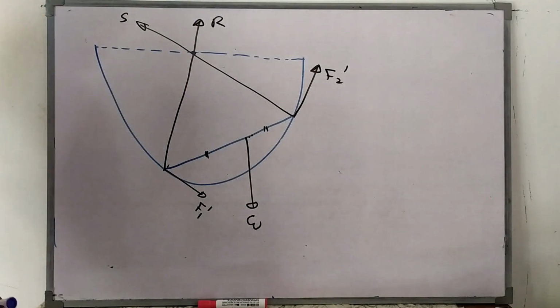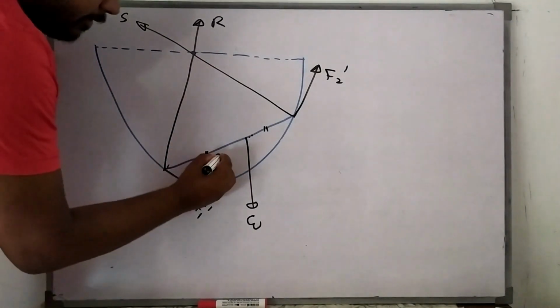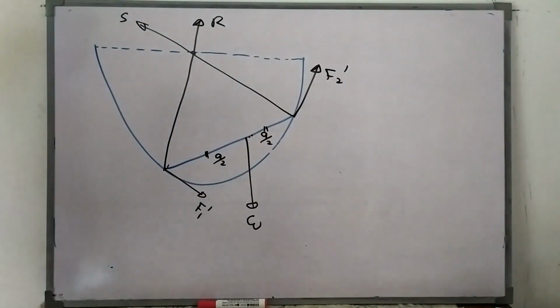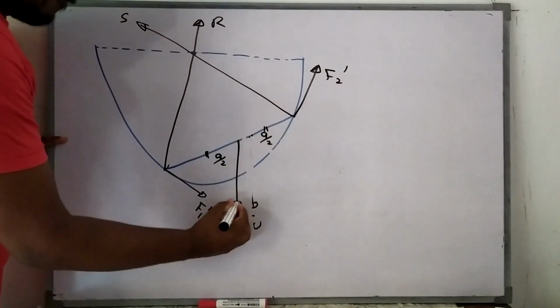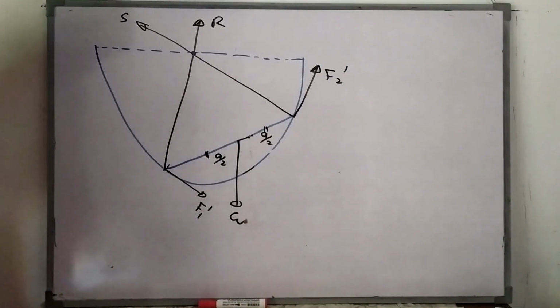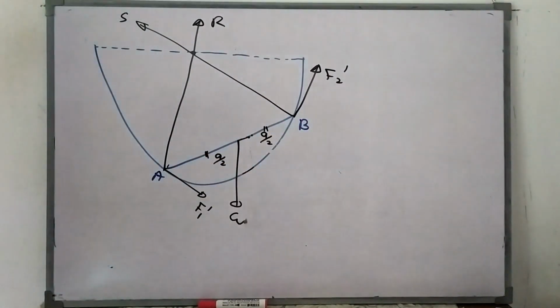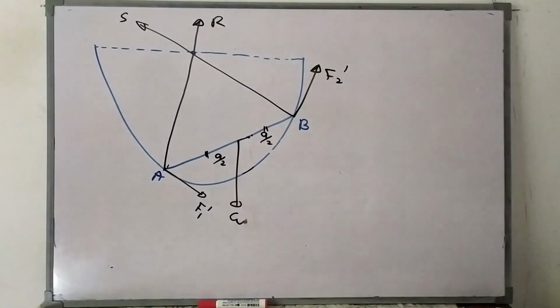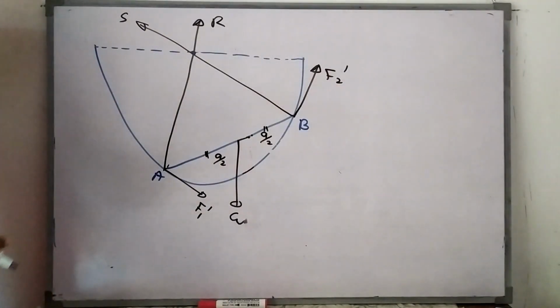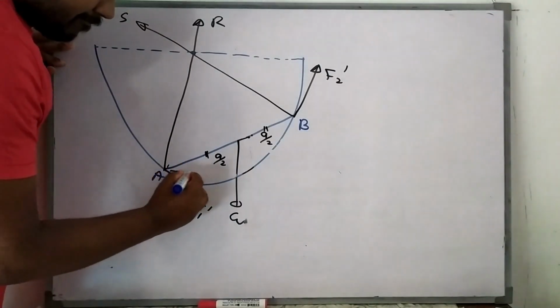The resultant of the friction and the reaction are concurrent at a particular point on the vertical line of W. So I assume W is here, at the middle of the rod AB, and the length of the rod is given as A. The rod is inclined at angle theta with the horizontal.